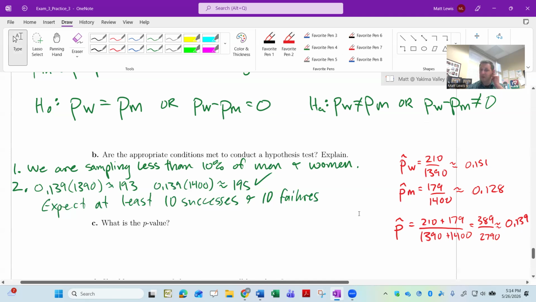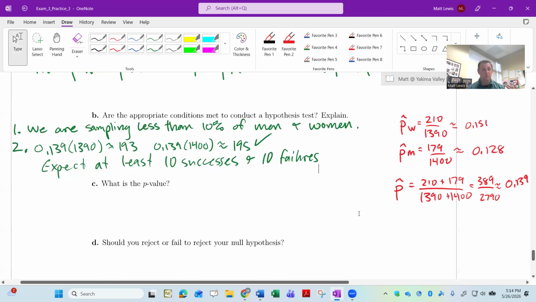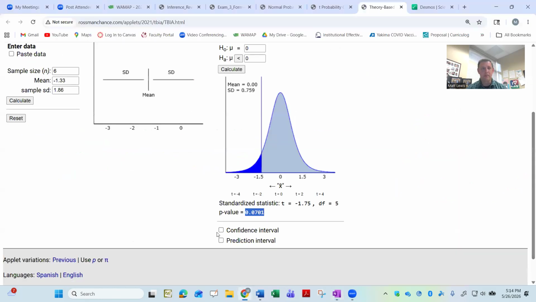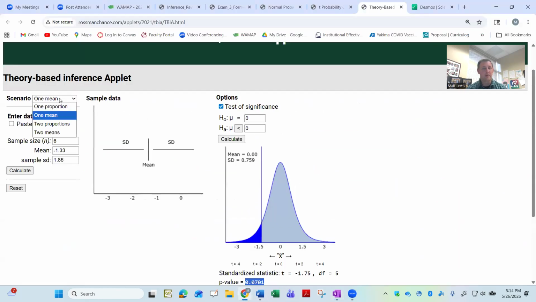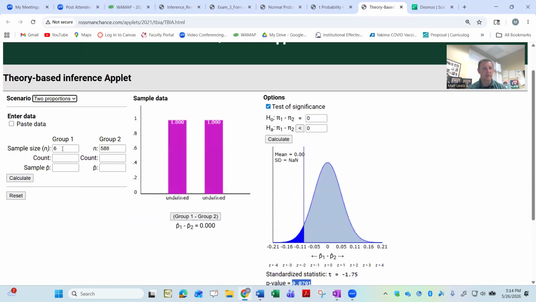All right. So now that we've got that out of the way, we are allowed to go and use the theory-based applet. So I go back here and I'm going to select two proportions. So our sample sizes are 1390 for women, 1400 for men, 210 for women, 179 for men.